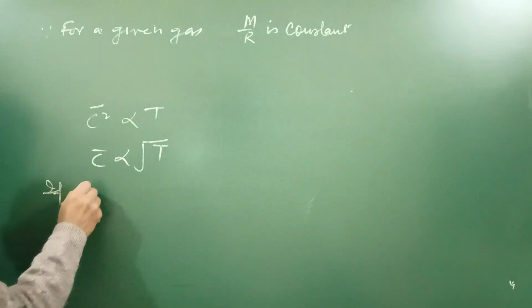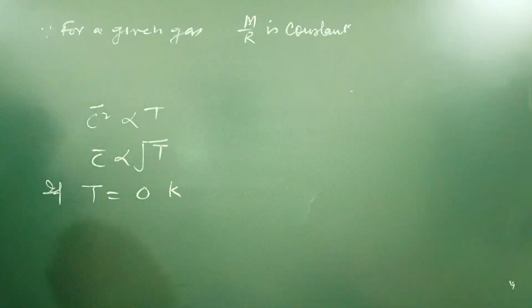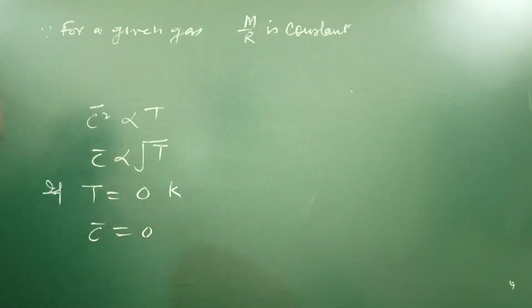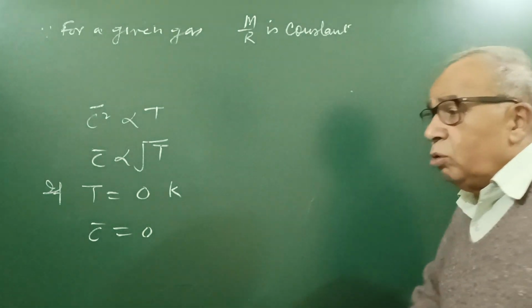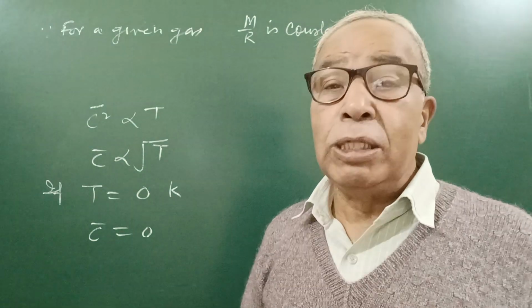If T equal to 0 Kelvin, which we call absolute zero, then C bar is 0. C bar, as I have told you, is the root mean square velocity.